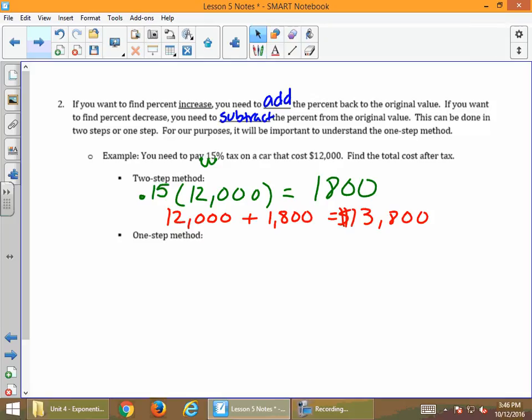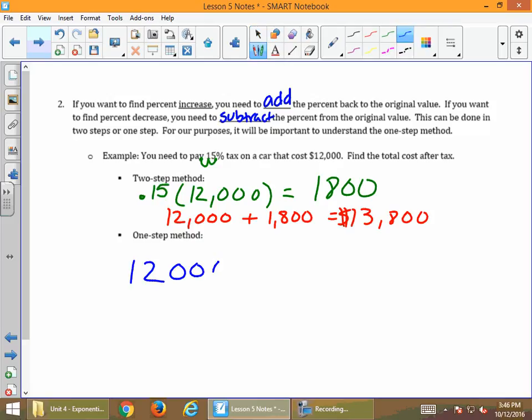You take the 12,000, the price of your car, and all you have to do is take that percent as a decimal and add it to 1, and multiply that together. You just take the original amount, which was 12,000, and multiply it by 1 plus the percent as a decimal, so 0.15.